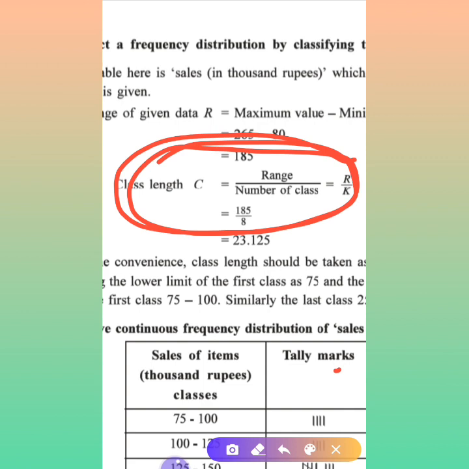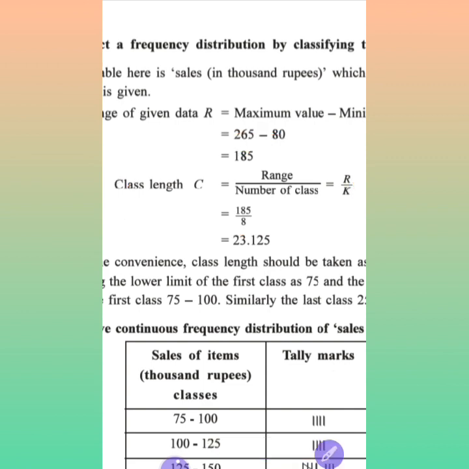But over here the class length would be found with the help of the number of classes. They have told us to have 8 classes. So the formula for the class length becomes range upon number of classes.